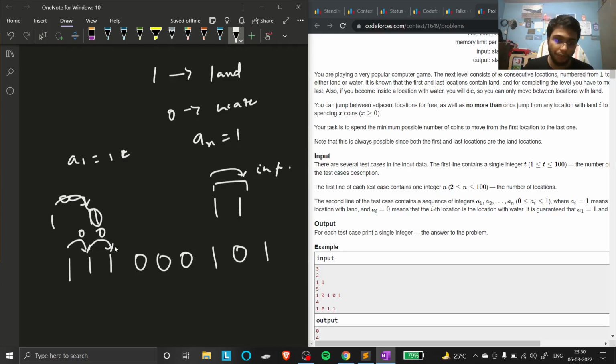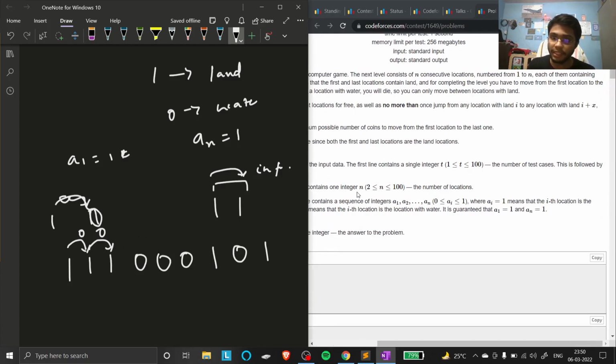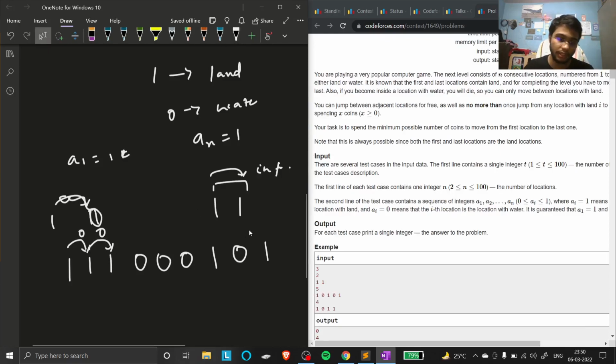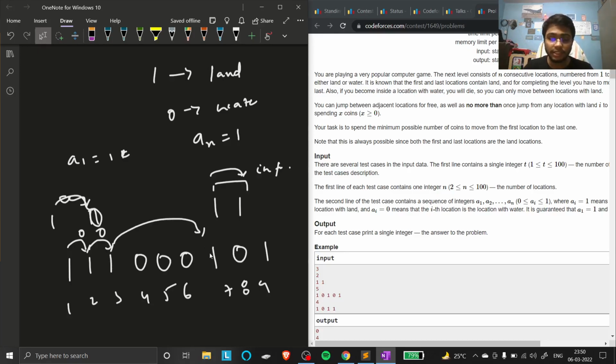After that, you have two options, go from i to i plus x spending x coins. Let me say positions 1 2 3 4 5 6 7 8 9. From the third to the seventh position you can jump, but by spending 7 minus 3, which is 4 coins.